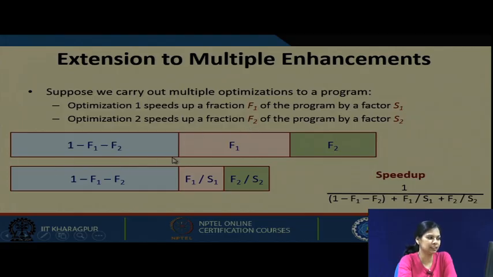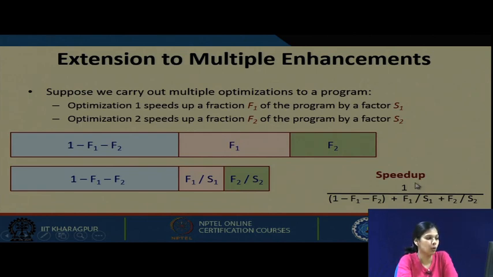So, this is the part where no improvement can be made, this is a part on which we are making improvement s1, and this is a part where we are making improvement s2. So, earlier it was taking F1 and F2 and it has got reduced, and now we are getting F1 by S1 and F2 by S2.